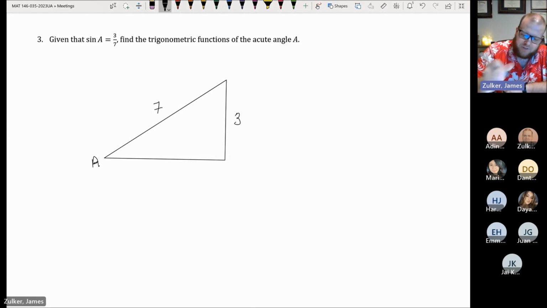And we know the hypotenuse is 7. What is that missing length? Right? Root 40, which can be simplified to 2 root 10.